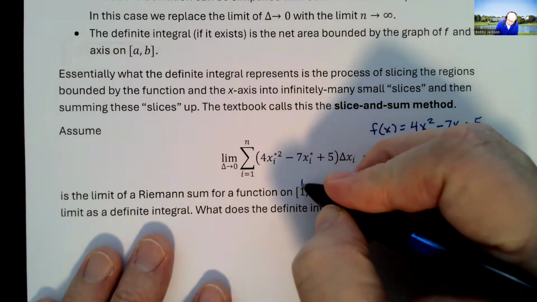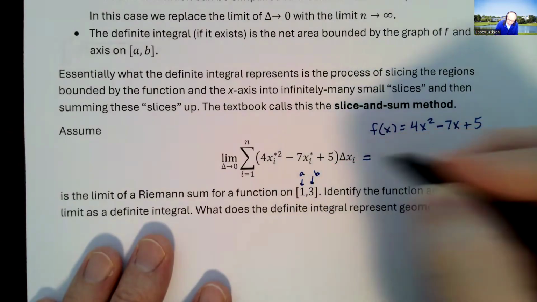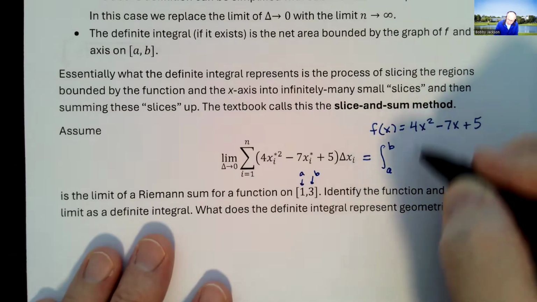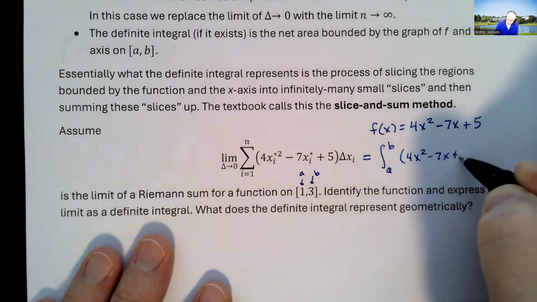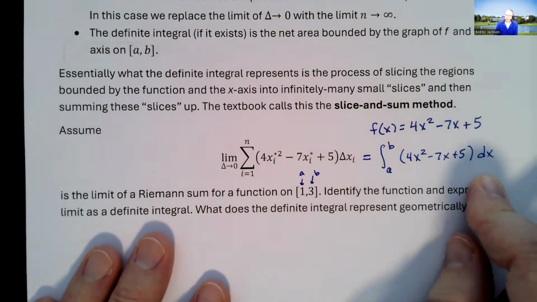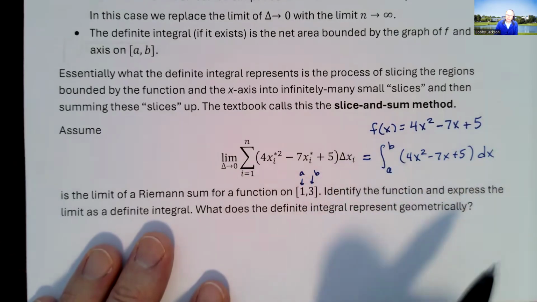So this is the value of a, and this is the value of b. So this will be the integral from a to b, and it's f of x, which we just saw was 4x squared minus 7x plus 5. And then don't forget the dx tells us the variable of integration is x. So this is the definite integral. This is the limit definition of this definite integral.